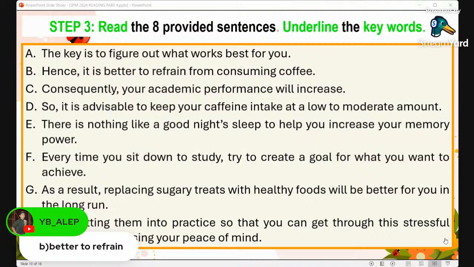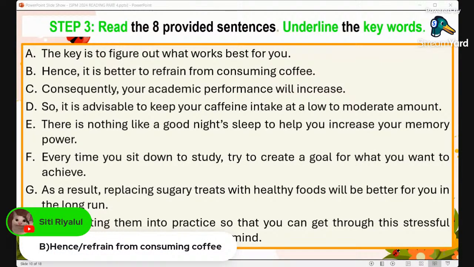Anyone else want to share about C, D? Keep it coming. We like to see your answers. And then Siti has gone on to say "hands." Very good, I like that catch. Refrain from consuming coffee. What else?